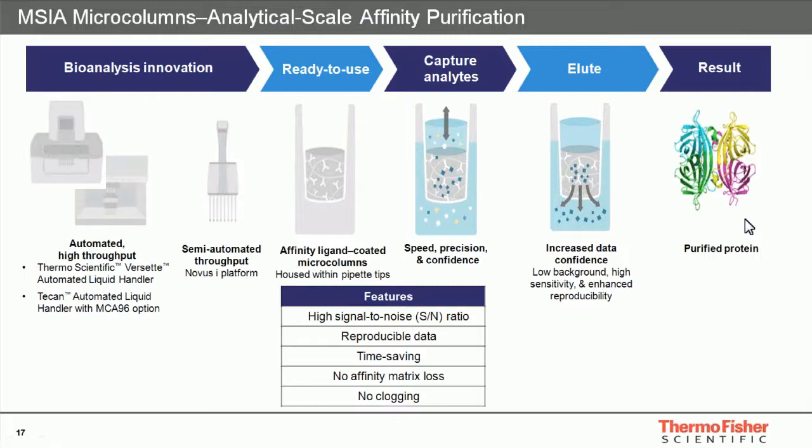Some of the benefits of this technology: you can enable it with automation. Also, you can reduce the non-specific binding, which results in a much higher signal-to-noise ratio. You also get very reproducible data as a result of very high consistency between each microcolumn and from lot to lot. And automation enables time saving as well.